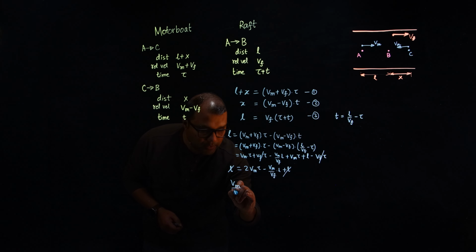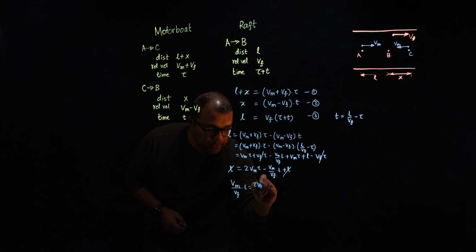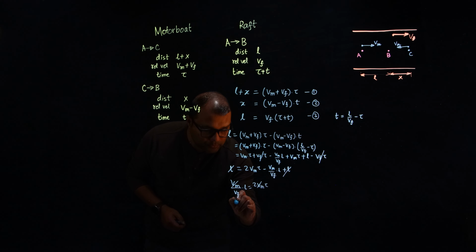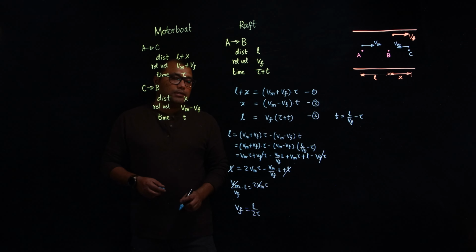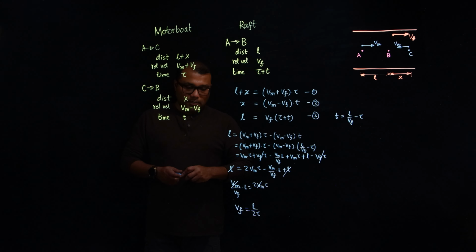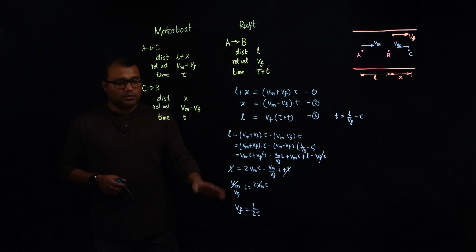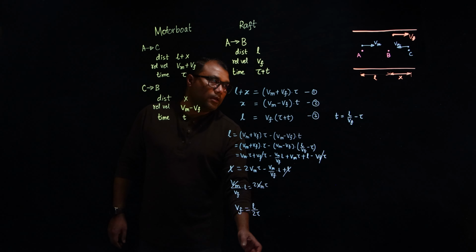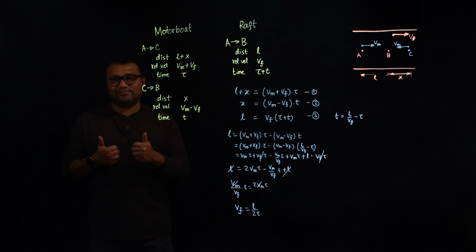Vm by Vf L is 2 Vm tau. We can cancel out Vm, so the flow velocity, which is what we have to find, is L by 2 tau. That is the answer. I have not substituted the values. You can substitute the values and get the answer. Cheers.